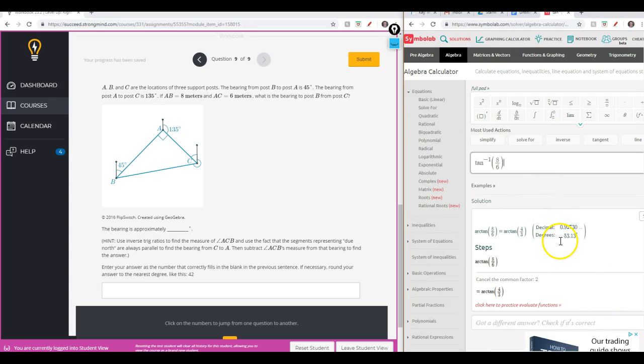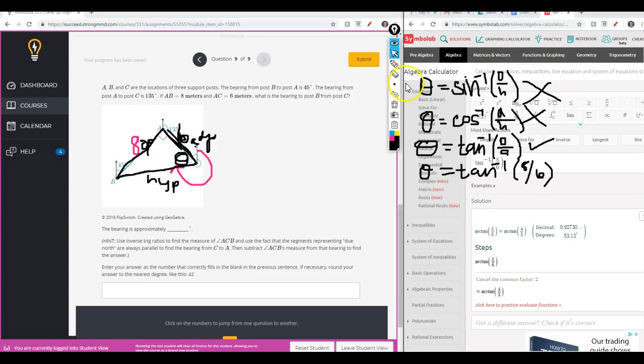And it says the degree is 53.13 degrees. So this angle in here is 53.13 degrees. So now I know one out of those three pieces that I wanted.